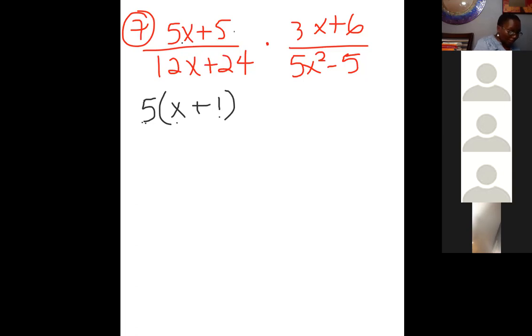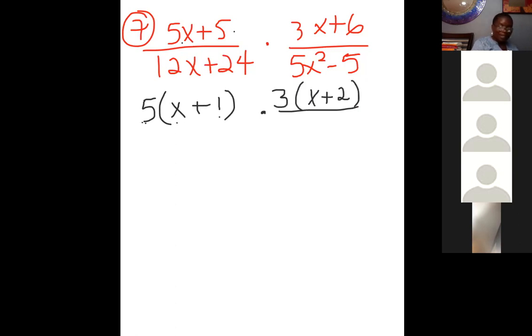Now, we're going to go to the numerator of the second fraction. The GCF in the numerator of the second fraction is what, guys? What do you guys think? Ooh, very good, Georgia. It's 3. So you factor it out. That leaves you with x plus 2.